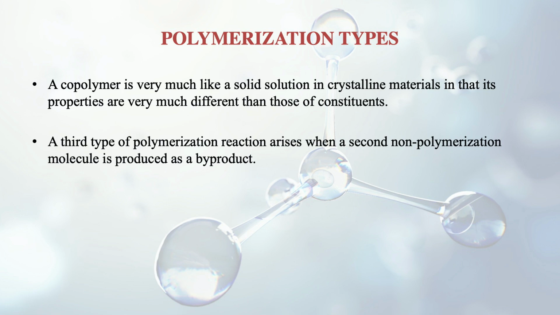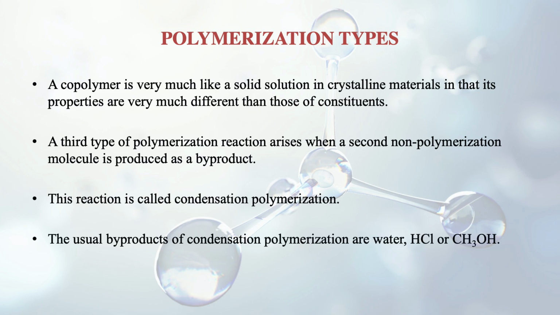What happens in this? A second non-polymerization molecule is produced as a byproduct. If there is a byproduct that is a non-polymerization type of molecule, then it is called condensation polymerization. For example, water is a byproduct, or hydrogen chloride HCl, or methanol CH3OH.